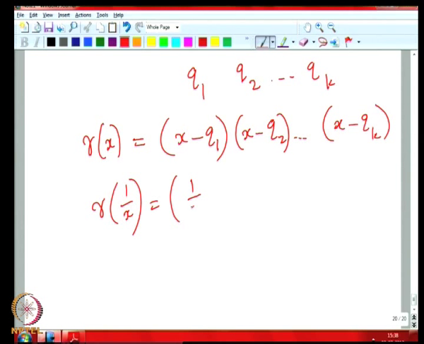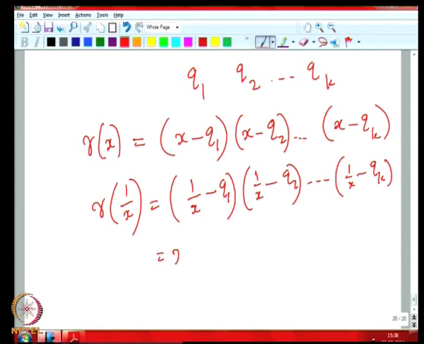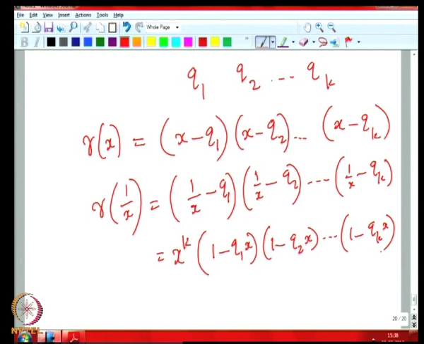So, you will get 1 by x minus q1 into 1 by x minus q2 and so on, 1 by x minus qk. So, this will look like x raised to minus k into 1 minus q1 x, into 1 minus q2 x, and 1 minus qk x.